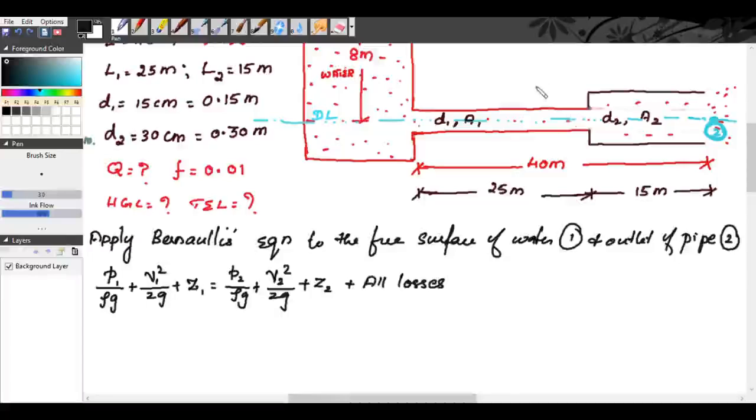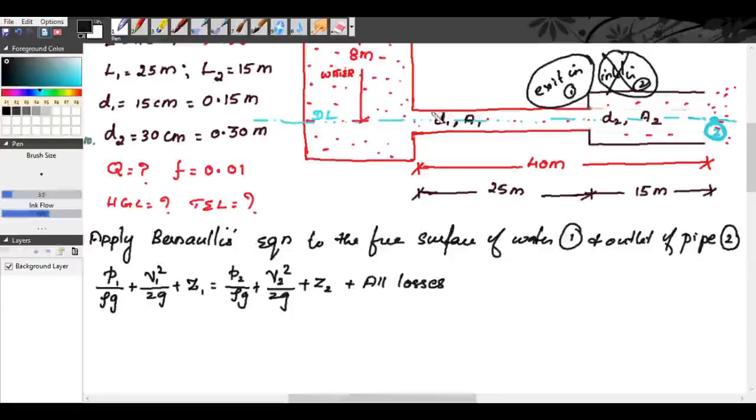See here there is exit in pipe 1 and inlet in pipe 2. So either consider exit in pipe 1 or consider inlet in pipe 2. So we will consider exit in pipe 1. Okay, we are not considering inlet, we are considering exit in pipe 1.